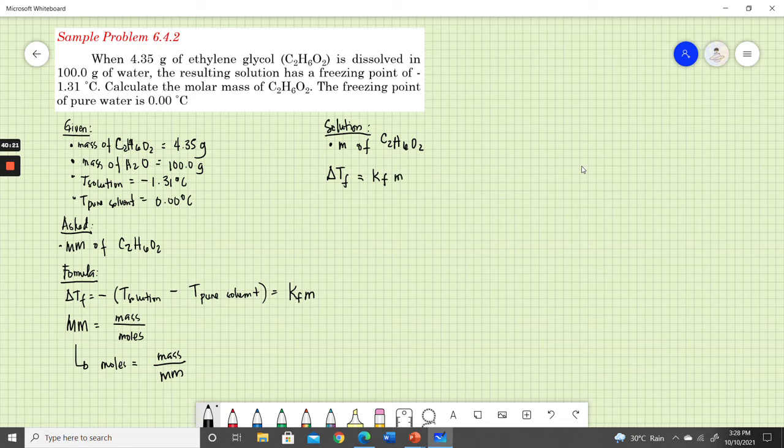Okay, remember this. So, since ang hinahanap natin is m, let's rearrange this equation to m is equals to ΔTf divided by Kf.